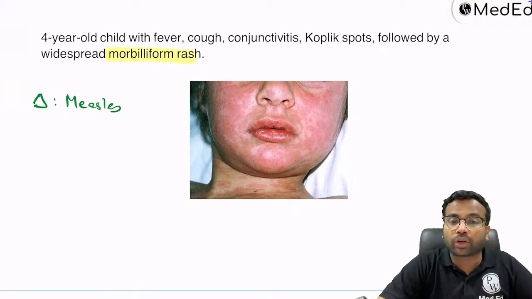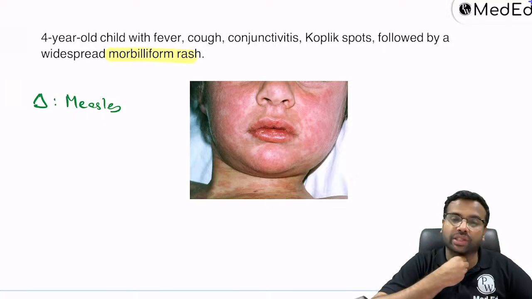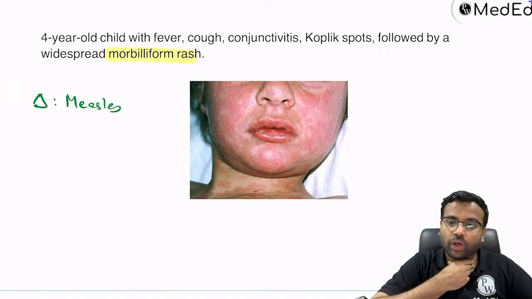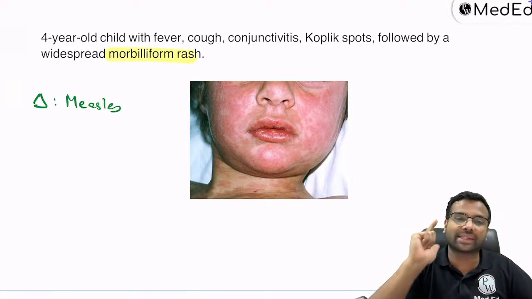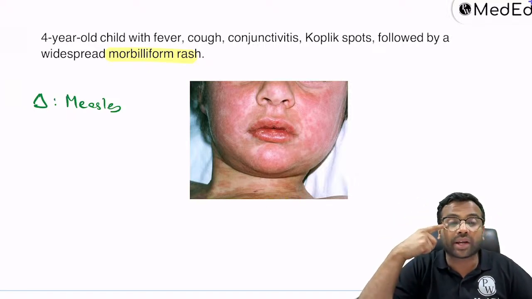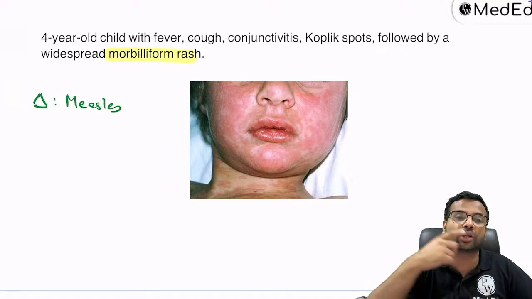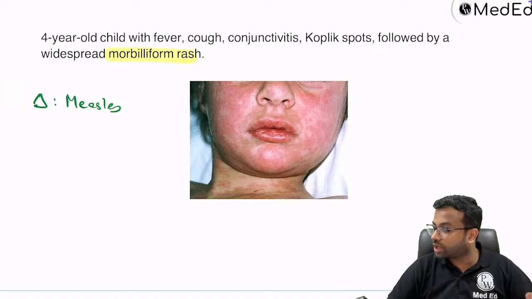So here the diagnosis should be measles, which can be the right diagnosis in this case. Clear? Because all the typical things that we have mentioned, like fever, exanthematous rash, which we also call as a morbilliform rash, conjunctivitis, cough, coryza can be seen. All these things are exactly typical for measles.